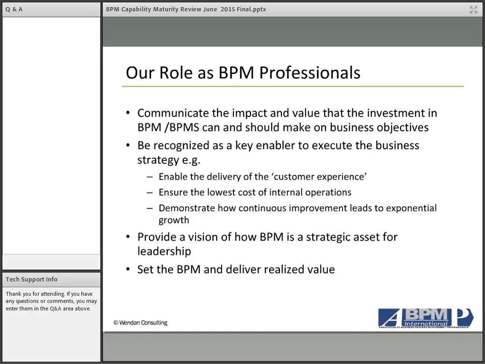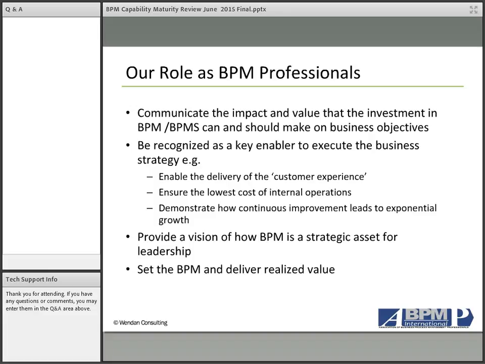And within their environment, what are the limitations? What are the constraints? How can they get around those constraints? So it becomes an internal sales job to first of all help management understand what can be done. And then, second of all, to put the BPM group in a position where it can start to work with executive management to deliver more value than the fingers and toes that a lot of places are stuck in.